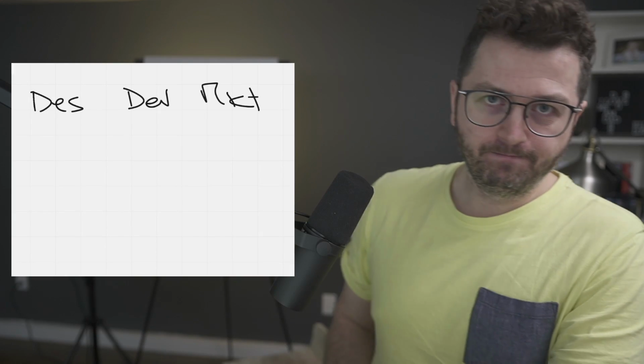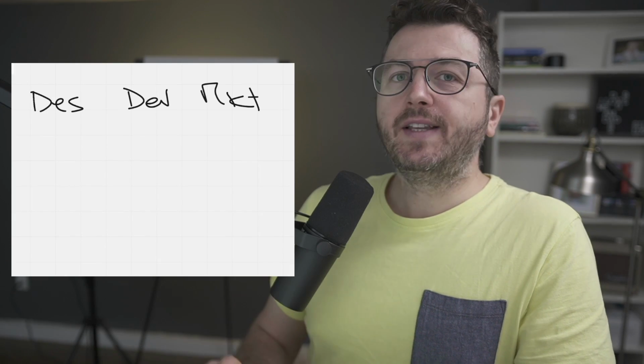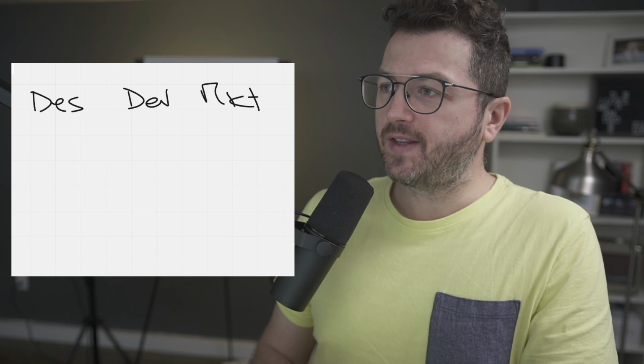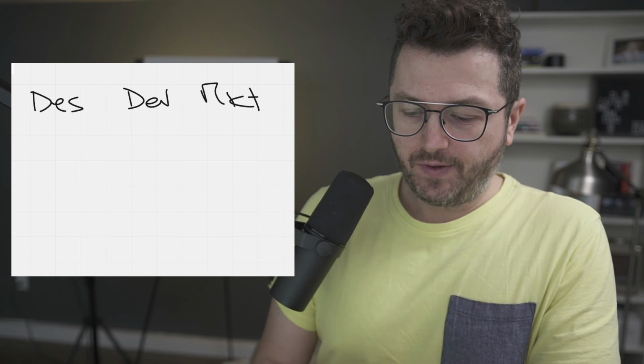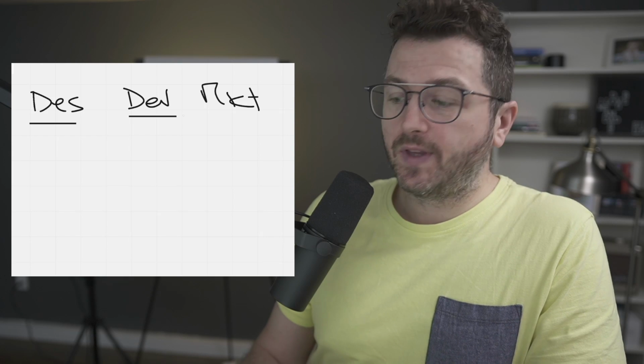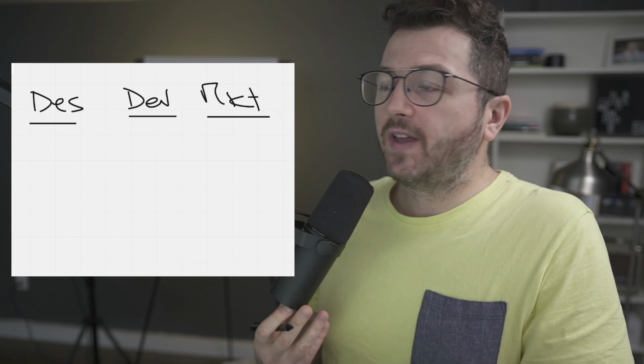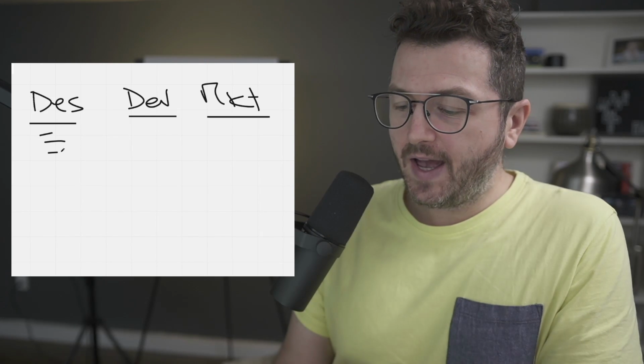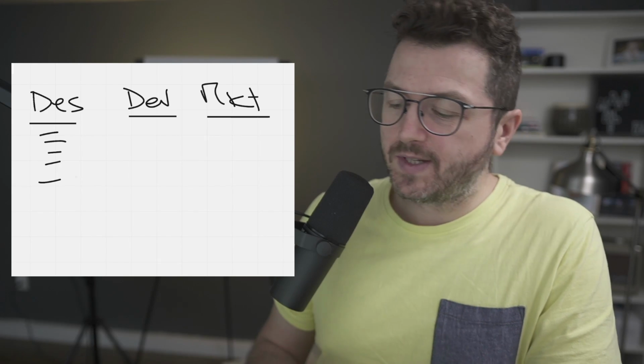Some of the teams that I've seen are breaking down their tasks kind of like this. They make these lists. There's a design team, a development team, then a marketing team, and each of them has their own tasks. Design has some wireframes, some designs to do.